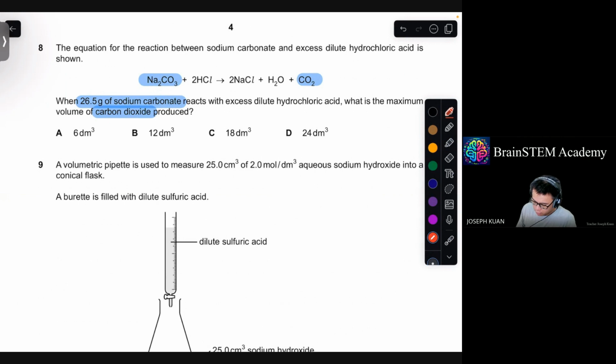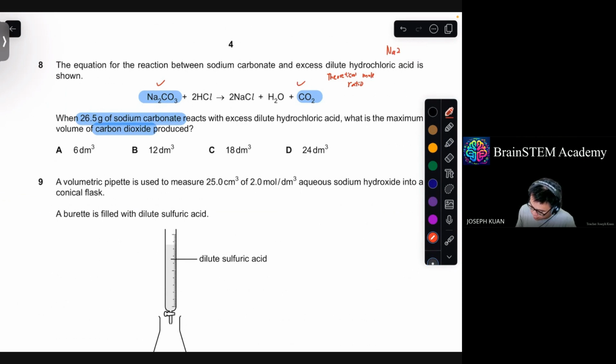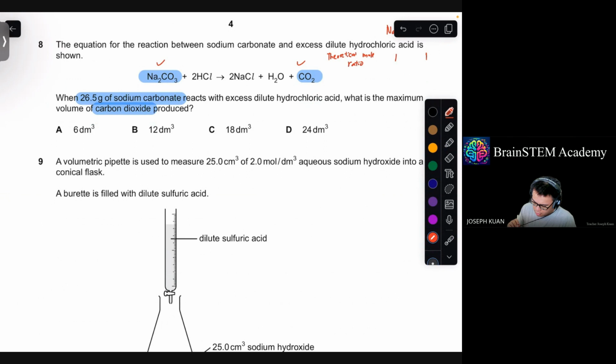All right, so given in the equation, the theoretical mole ratio between sodium carbonate and also carbon dioxide is a 1-to-1 ratio. Right, and then you are trying to find out what happens if you only use 26.5 grams of sodium carbonate.